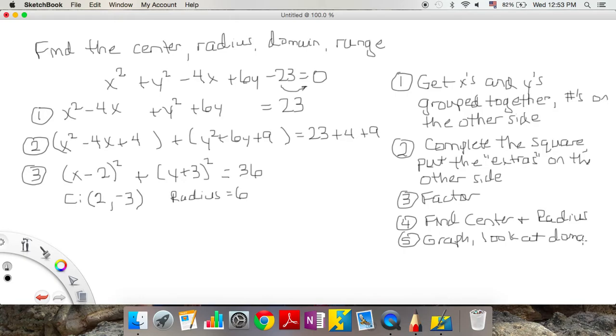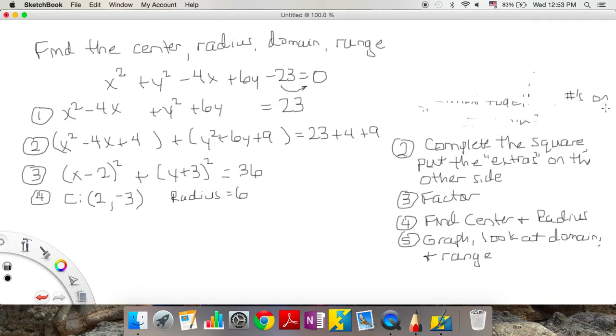Now, you can find the domain and range without graphing it, but it's a lot easier if you can look at the picture. So we found our center. So now we want to graph it. So let's come over here, see if we can get some room. It's going to be a lot easier to make these look right if you have graph paper for this section.